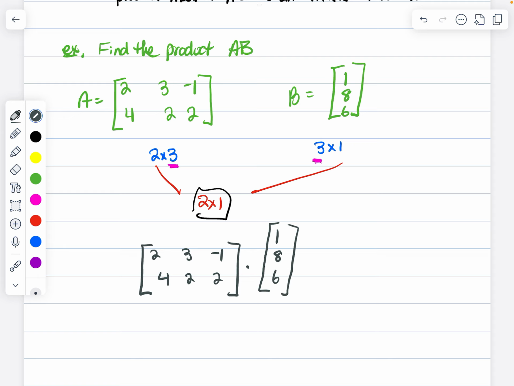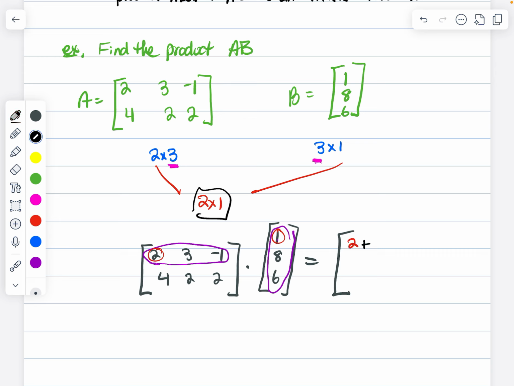All right, so how are we going to get started? We're going to take our first row and multiply it by the first column. So when we take the first row, first column element of the first matrix and the first row, first column element of the second matrix, we multiply, right? And then we write it to the side. So it'll look something like this, where we have 2 times 1, which we know is 2.